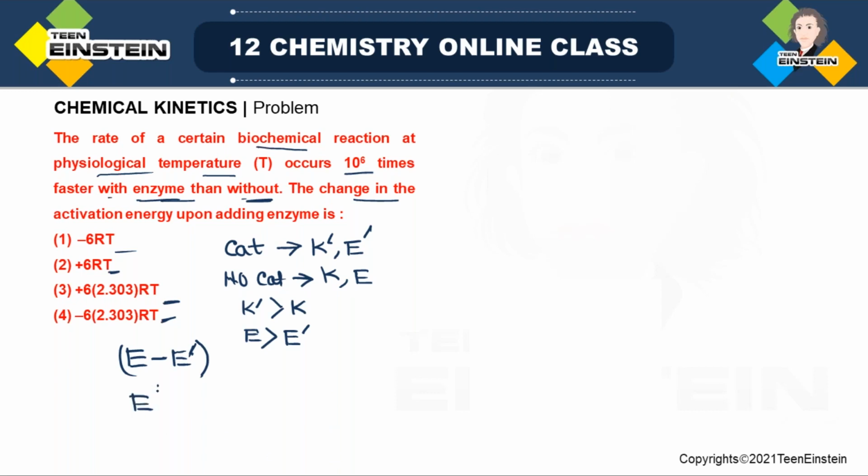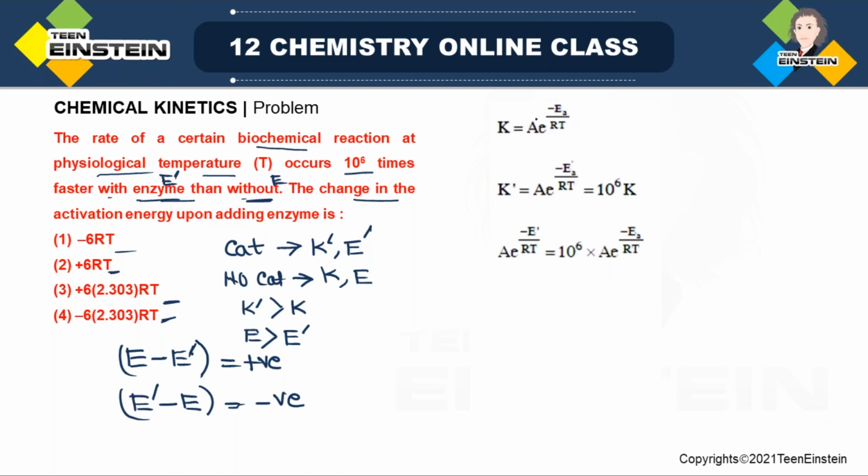So it is actually E prime minus E, and E prime is lesser, so this must be negative. In the question, with enzyme is E prime and without enzyme is E, so E prime first, then E. So this difference must be negative, and you can easily cancel options 2 and 3 without doing anything.